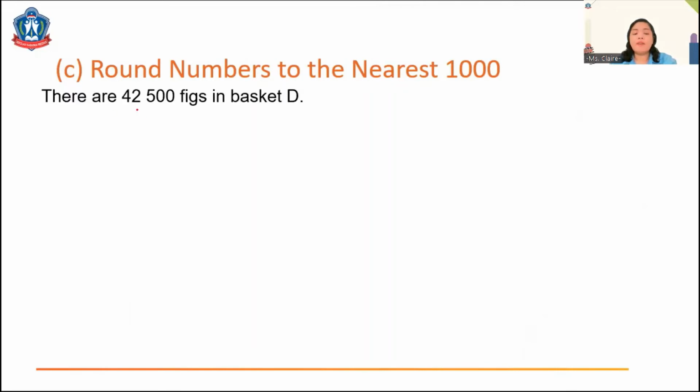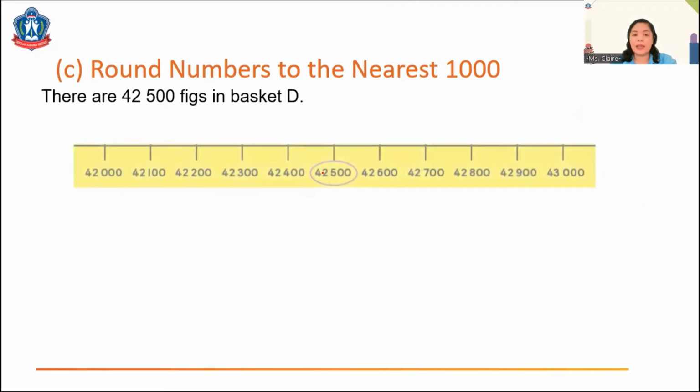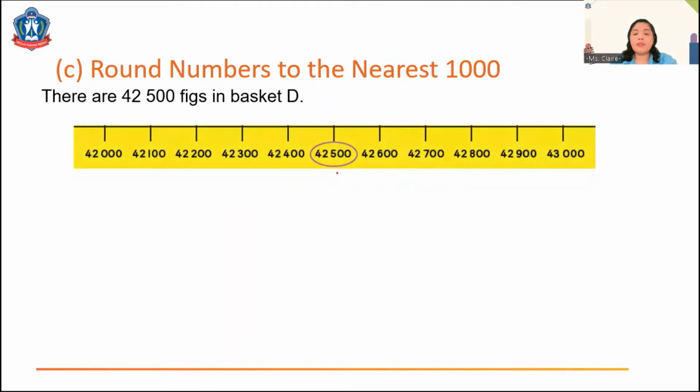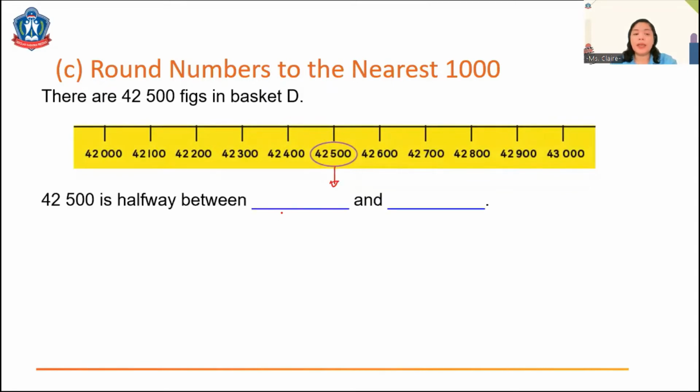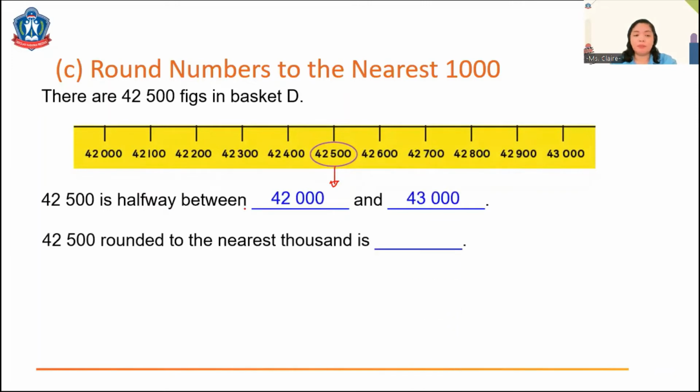There are 42,500 figs in basket D. 42,500 is around here. It is halfway between 42,000 and 43,000. But this is already halfway, so we are going to round up.